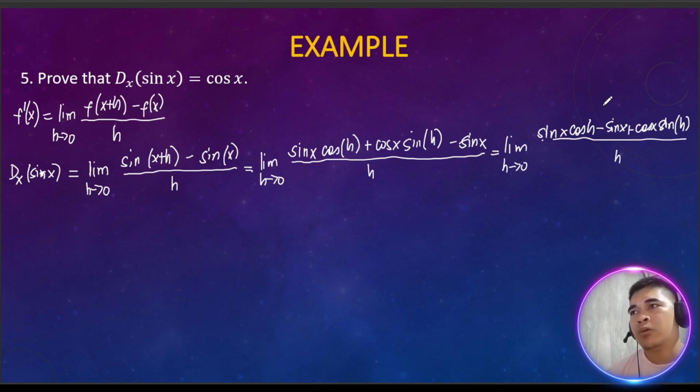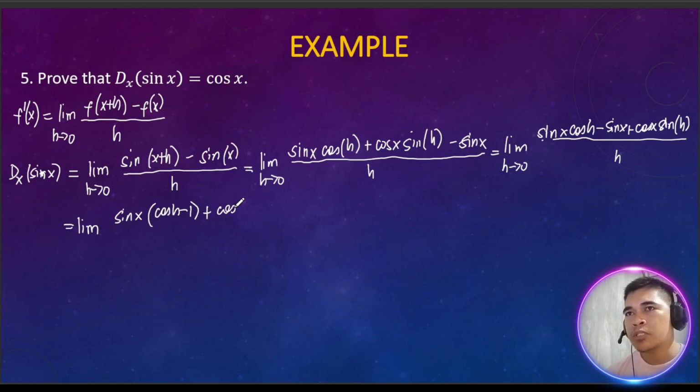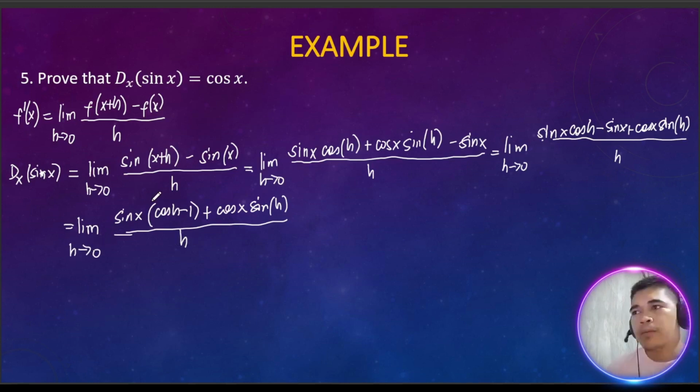So here we have a common factor, so we can factor that out. The limit of sine x times (cosine h minus 1) plus cosine x sine h over h as h approaches 0. Next, let's split it.